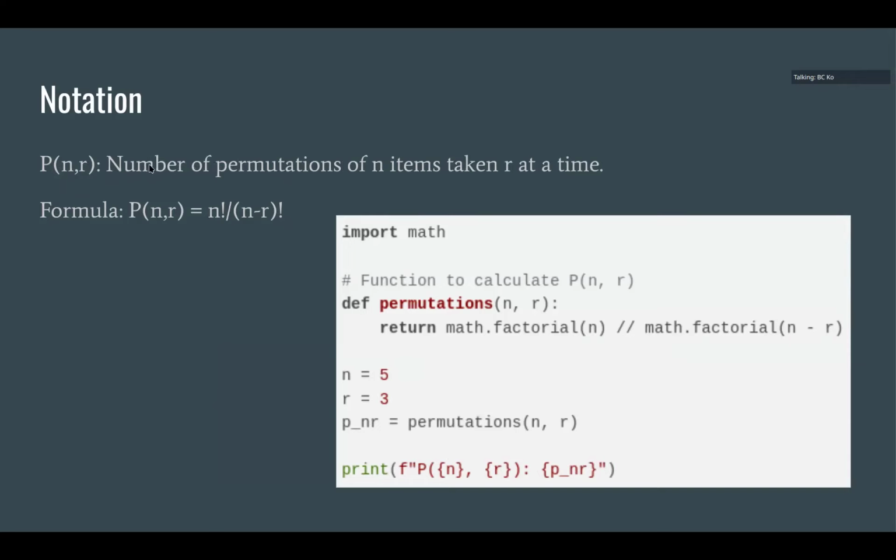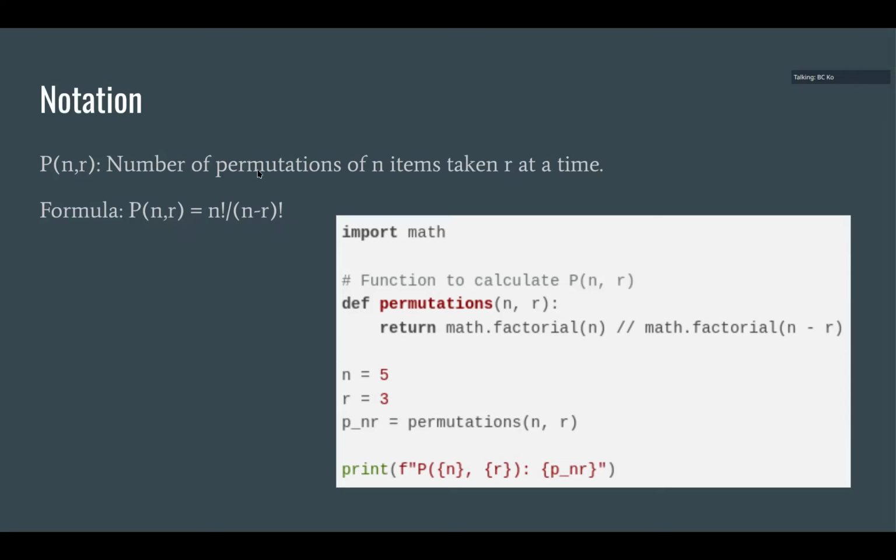The formula for this is equal to n factorial divided by (n minus r) factorial. And this formula helps us calculate the number of possible permutations when we are selecting a subset of items from a larger set and arranging them in order.